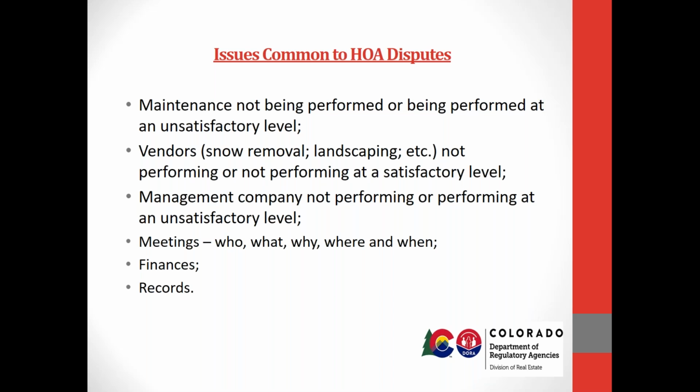Some of the more common issues that we see are related to maintenance either not being performed or being performed at an unsatisfactory level, issues related to specific vendors, such as snow removal and landscaping companies, again, either not performing or performing at an unsatisfactory level, issues related to an association's management company, again, either not performing or performing at an unsatisfactory level, issues related to meetings, such as who's being allowed to participate and who is not, what is being discussed and or voted on and what is not, why money is being spent on something or why it isn't, and when and where meetings are being held, especially now during the pandemic.